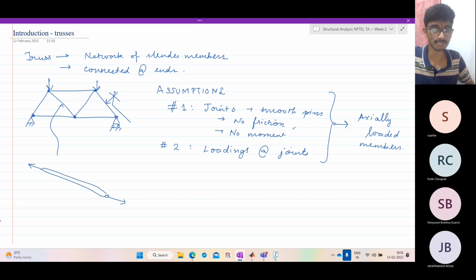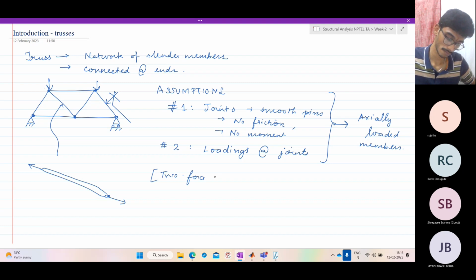The reasons would have been explained in the lecture video, but this is just a recap. If these assumptions are satisfied, you cannot have any transverse load or a moment at the ends because they are smooth pins. They cannot transmit any moment and there's no friction. Since the loading is applied only at the joints, they will behave as axially loaded members, or you may be familiar with the term two force members. They are only subjected to two forces.